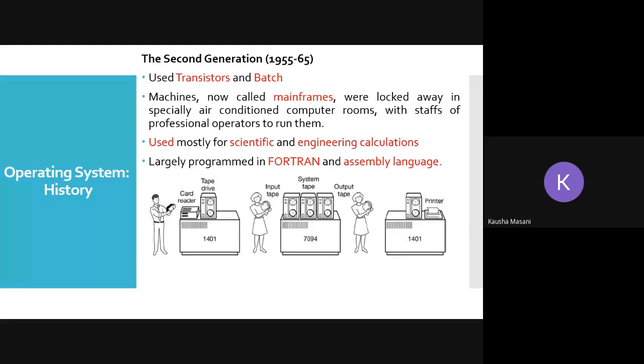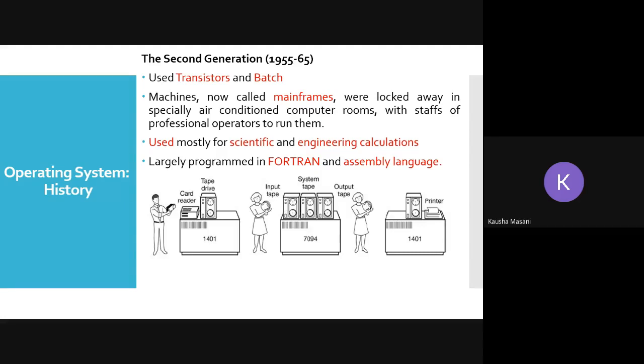These programs were largely programmed in assembly language and Fortran. Fortran is again one language. So what we did apart from the first generation is that in the first generation we were writing the codes in machine language. Now in the second generation we are writing codes in a language called Fortran, and assembly language.